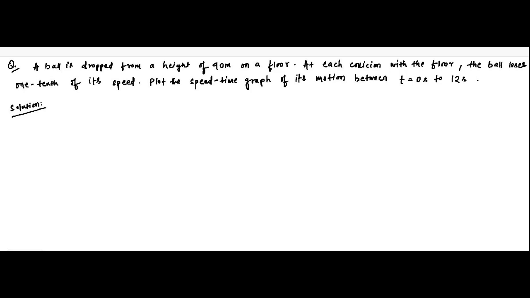We have to plot the speed-time graph of its motion between the time interval from 0 seconds to 12 seconds. So here it involves graphical analysis, but we have to use some concepts related to motion of an object under the influence of gravity.